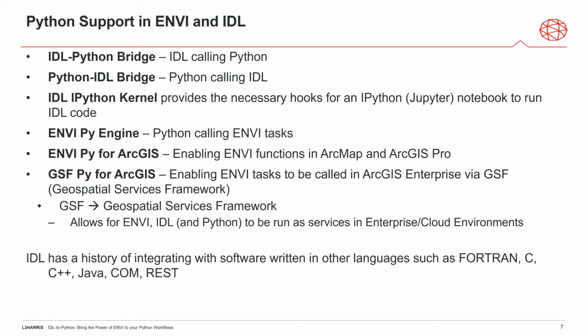We're in Python, we're calling IDL, and IDL in this case could also mean ENVI. And then we also have this, for those of you that use Jupyter Notebooks, we're not going to demo that, but at the end I have a graphic of that. You can use Jupyter Notebooks with IDL too. There's this MDPI engine I mentioned earlier. This is Python enabling us to call our ENVI tasks. We'll talk about that in a little more detail later on.